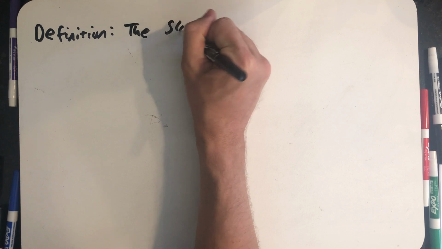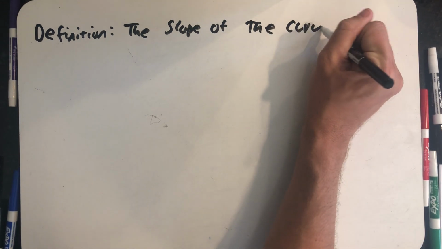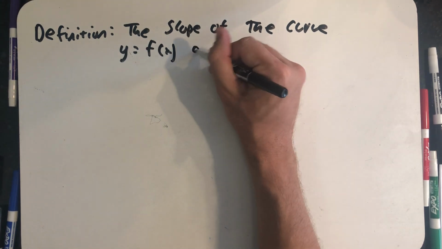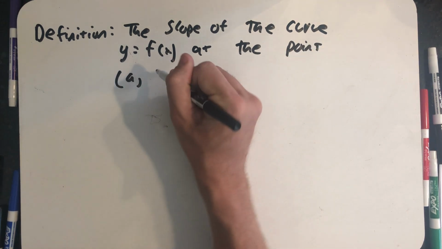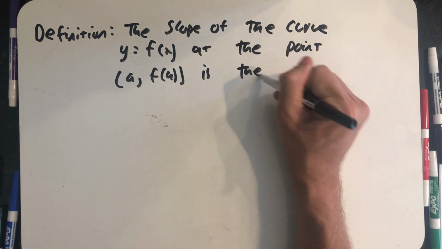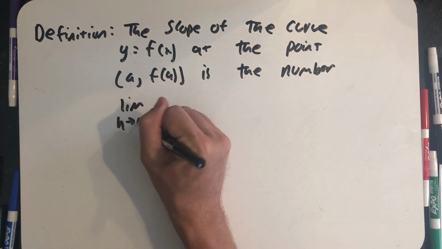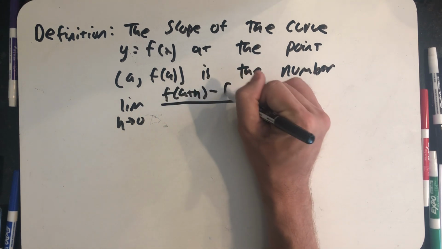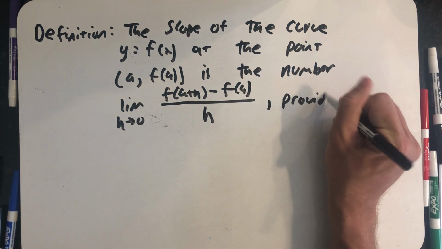The slope of the curve y equals f of x at the point a comma f of a is the number, the limit as h approaches 0, f of a plus h minus f of a all over h, with the note that that's only true if that limit exists.